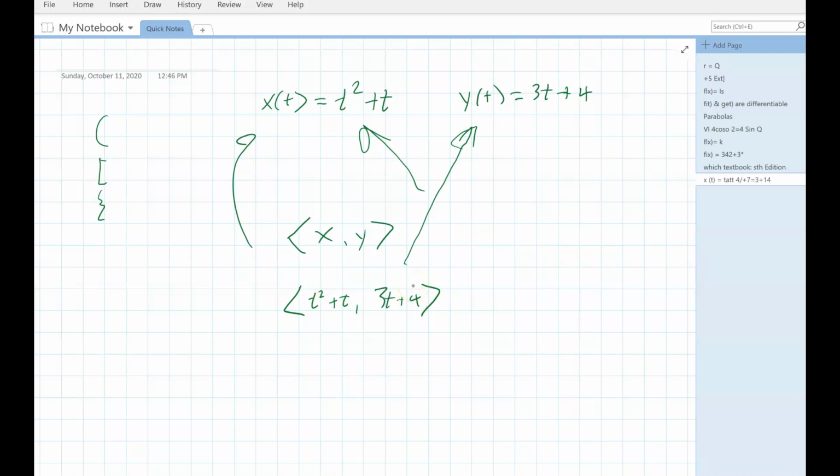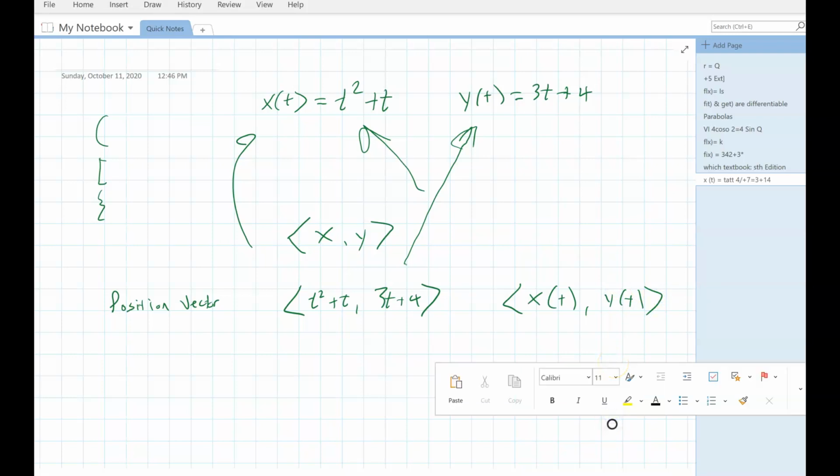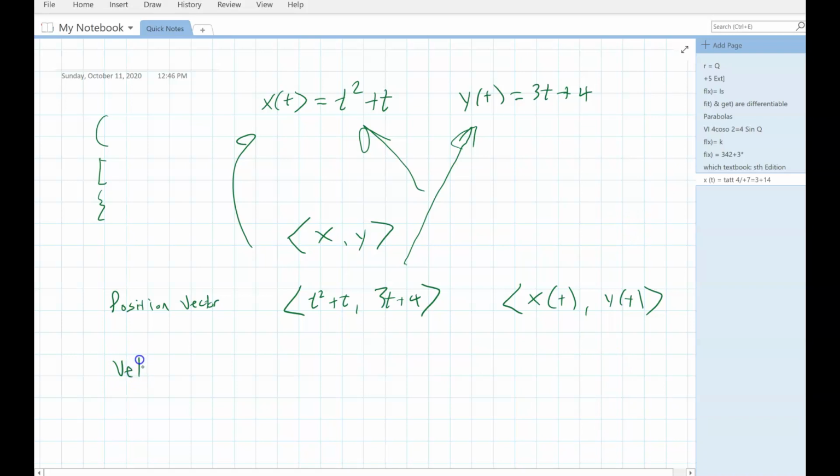Now one of the reasons I'm bringing this up is because if we refer to this as the position vector, then if we take the derivative of that, that produces a velocity vector. Because we have varying levels of vector understanding, I'm not going to go real deep into this, but I just wanted to scratch the surface so you could get the idea.